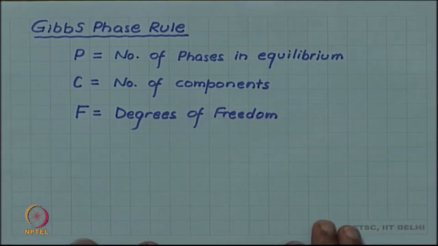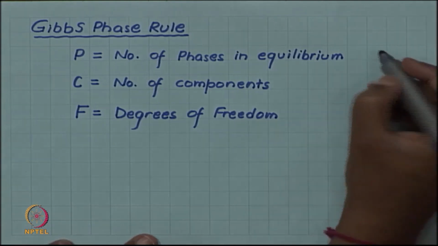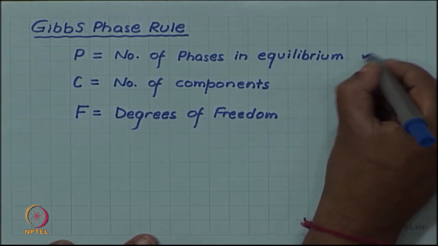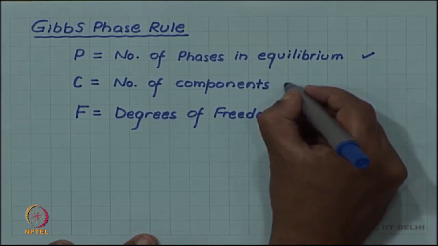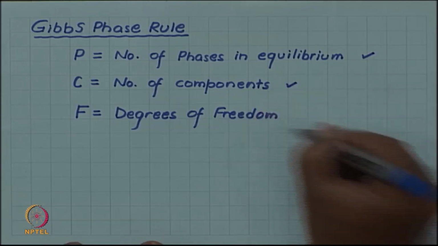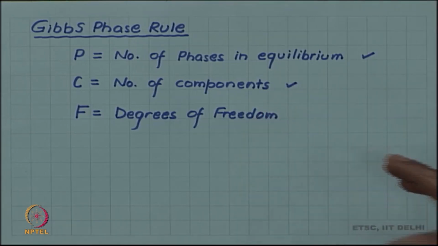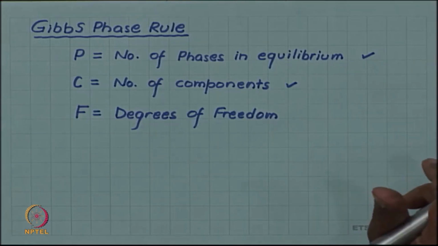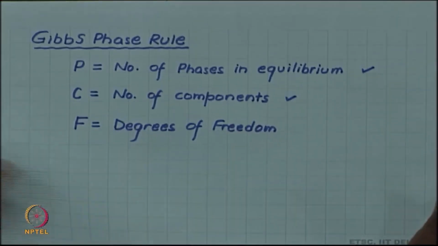Already through the introduction of the phase diagram, we understand what are the number of phases and what is the meaning of number of components. The degrees of freedom requires a bit of explanation, and we will do that now.